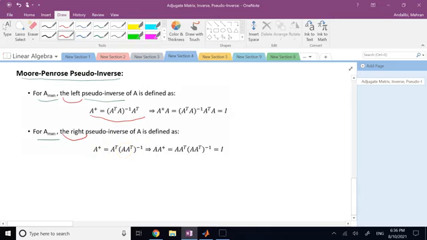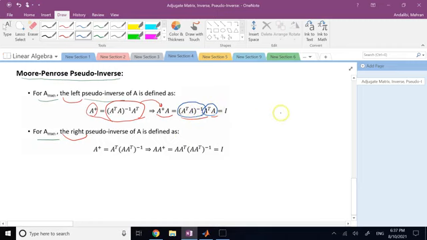Why do we call it that way? For this reason. The left one, if you multiply it from the left by A, right, so just plug in this whole thing up here, this is that pseudo inverse, this is A. If you look here, I have this matrix, whatever it is, A transpose A, and I have inverse of that. And of course, inverse of the matrix times itself is I. Now, can I apply inverse to this matrix?